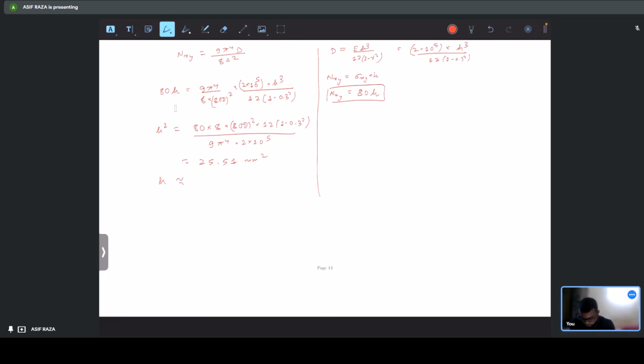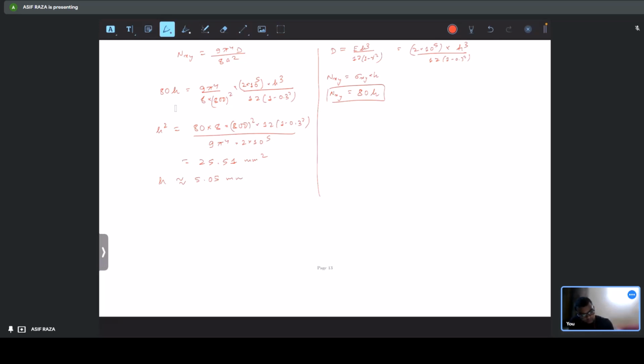So h will come around 5.05 mm, but our minimum thickness should be greater than this value.